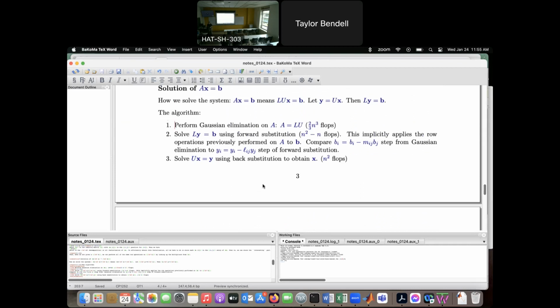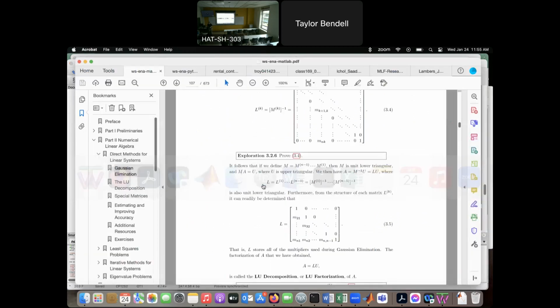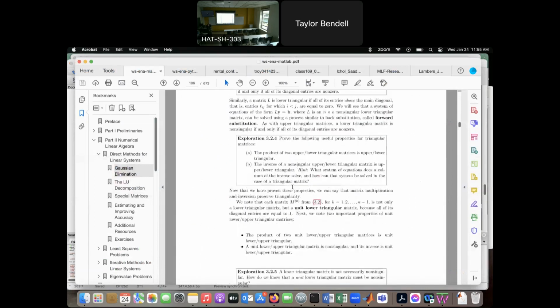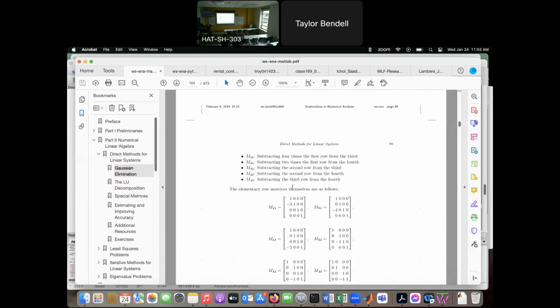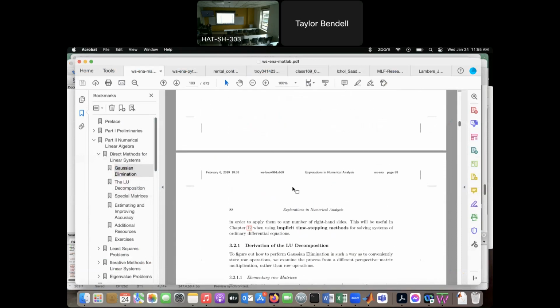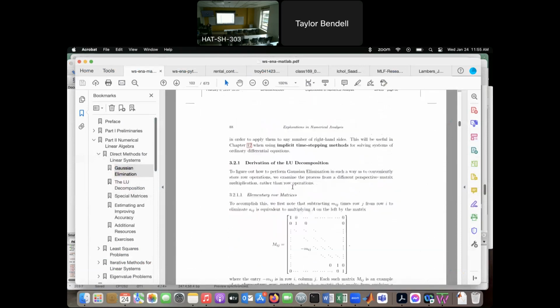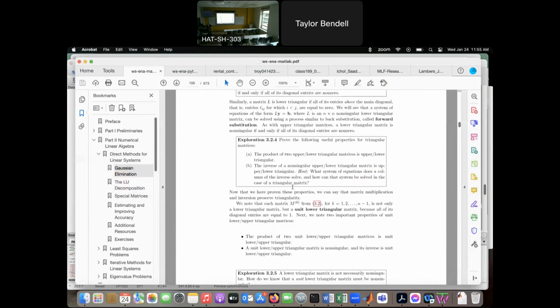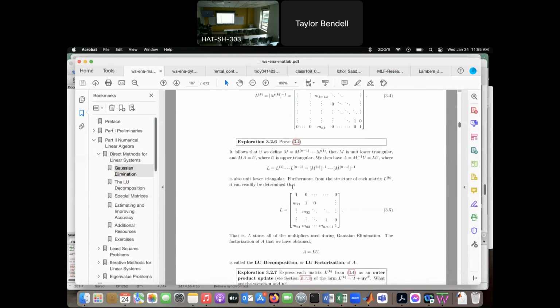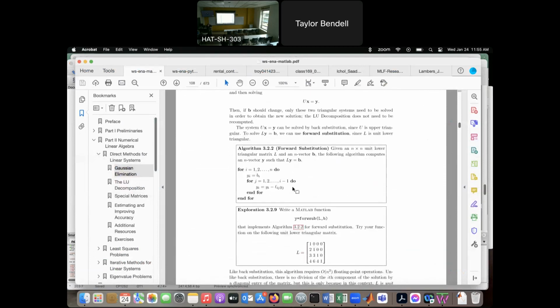Okay, I do want to talk about one of the problems from that homework. That's one of the more simple ones, but for MATLAB. Find it here. Okay.